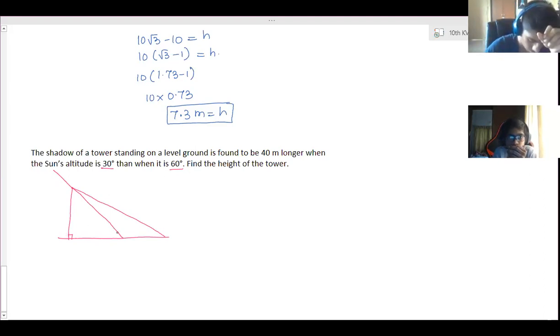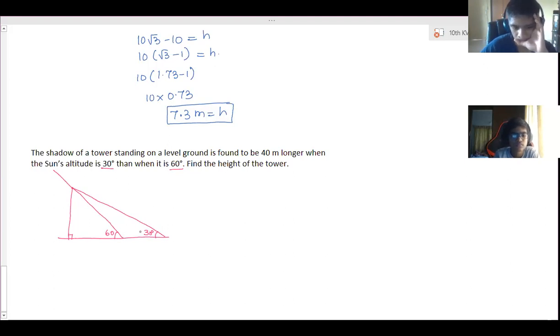So this is which angle then? 60. This is 60 and this angle will be 30. As you move away from 90, the angle decreases slowly. So 90, then in decreased values, 60, then 30.